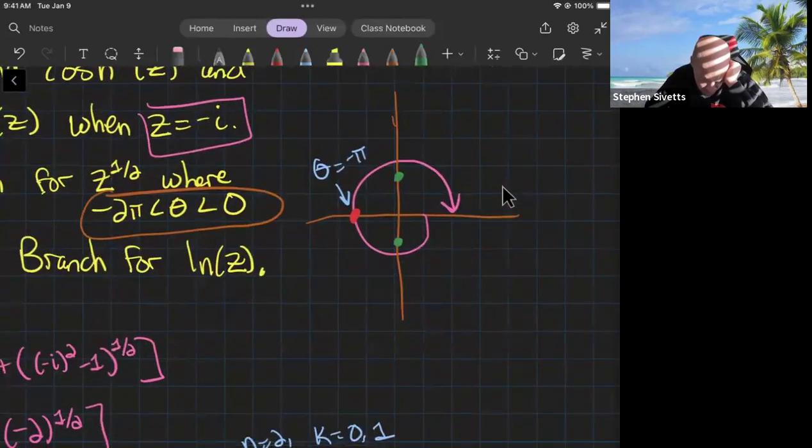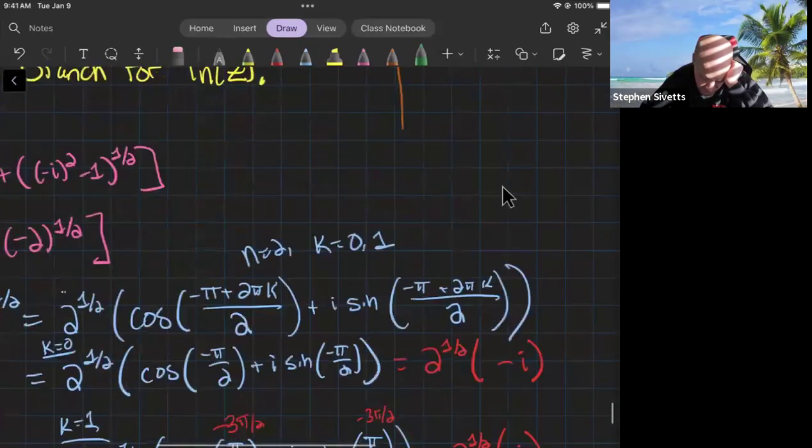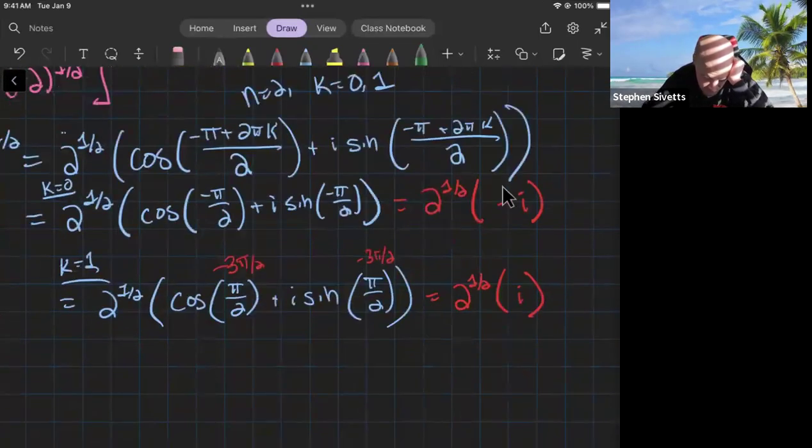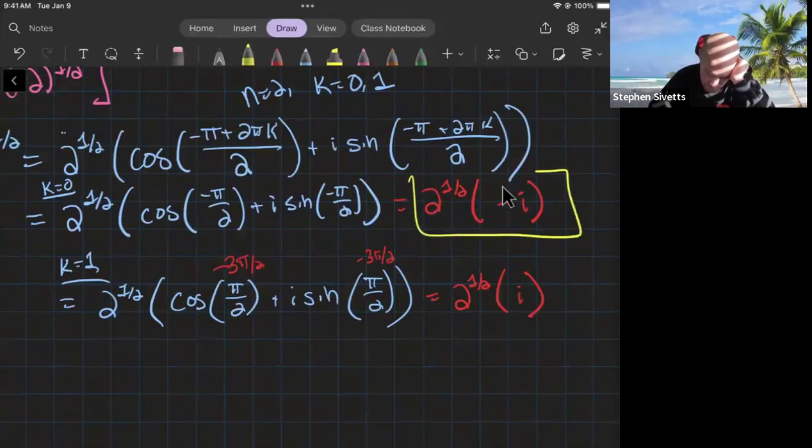But theta over 2, this angle, must be between minus pi and 0, right? So in this case, we want to use this number right here. Minus pi over 2 is in that range, so that's good to go.